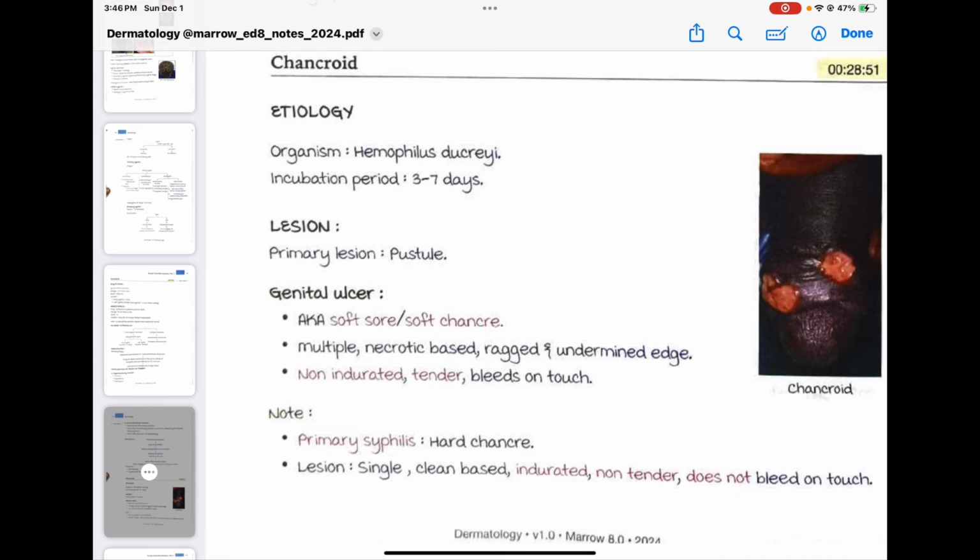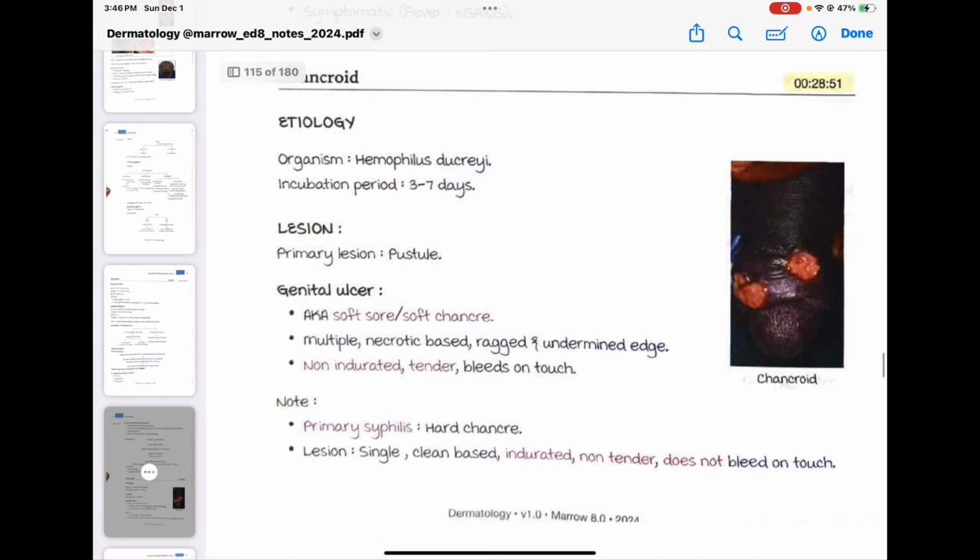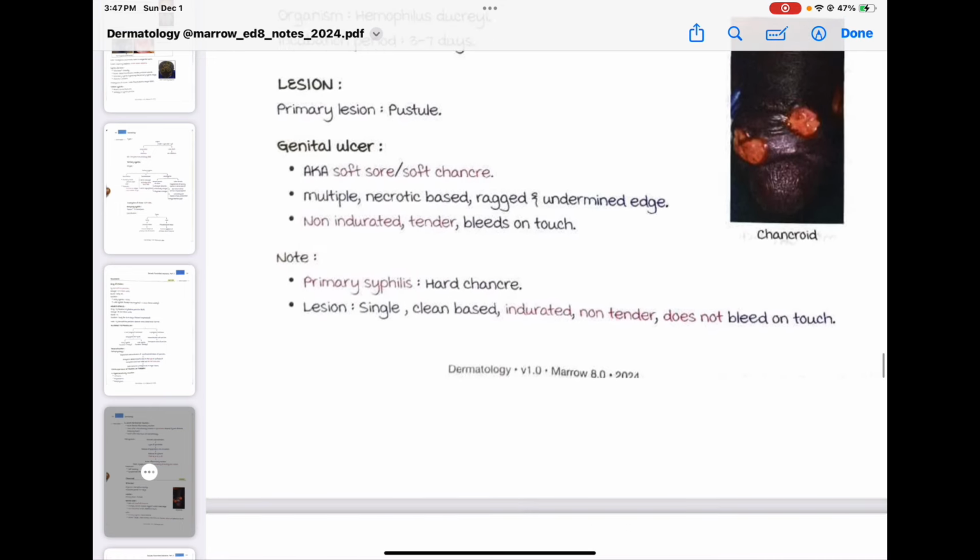Donovanosis. Organism: Klebsiella granulomatis. Synonym: granuloma inguinale. Incubation period 8 to 80 days. Note: Leishmania donovani causes leishmaniasis, so don't be confused by the name.